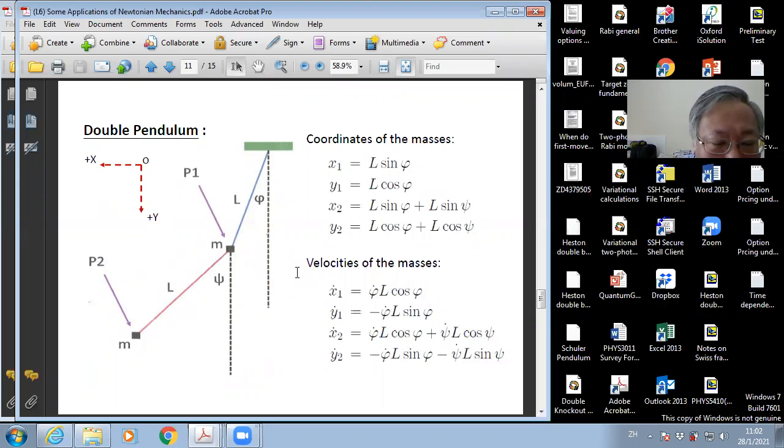You get four in this special example. You will get four coupled Euler-Lagrange equations of motion. However, two of them are actually the constraint equations. And finally, after eliminating some redundant variables, we get back to the two Euler-Lagrange equations of motion in phi and psi. So either way will be fine, okay?